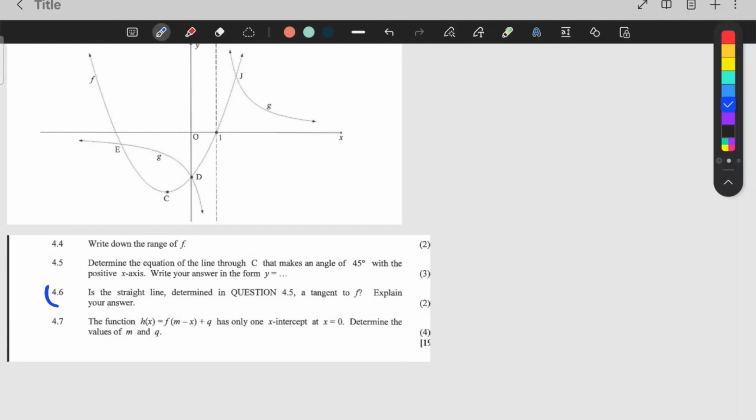4.6 they ask, is the straight line that you determined in question 4.5 a tangent? Explain your answer. Now, our equation of the straight line was this, eh? So now we need to find out, is this a tangent?